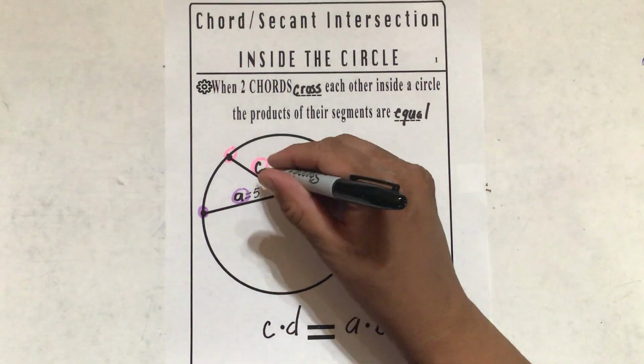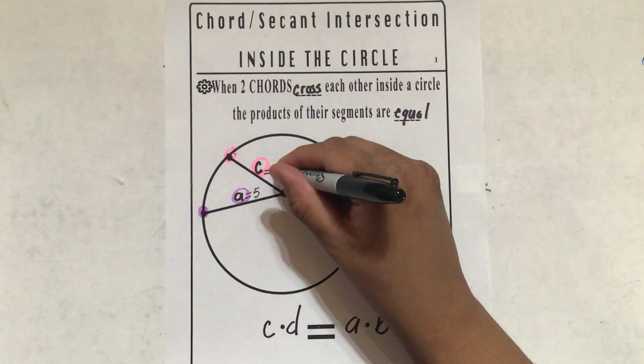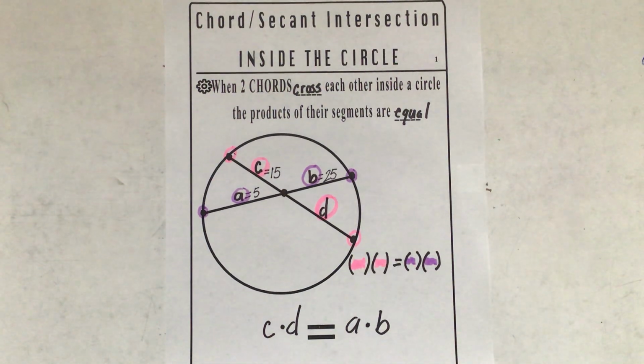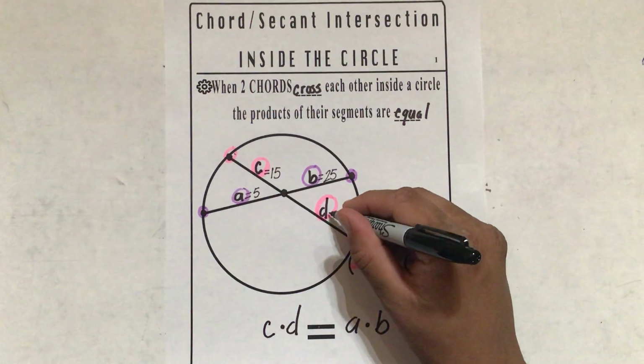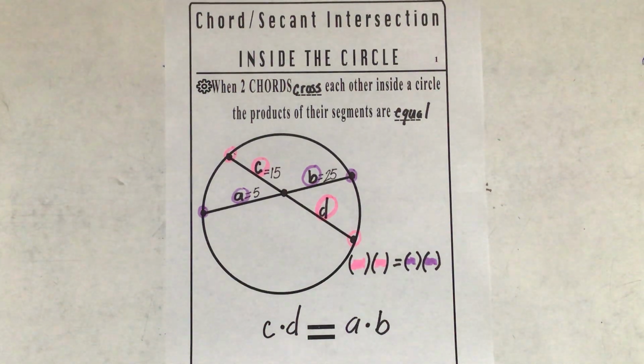And then let's say C, from here to here, is 15. And then D is, I don't know. I have no idea what D is.